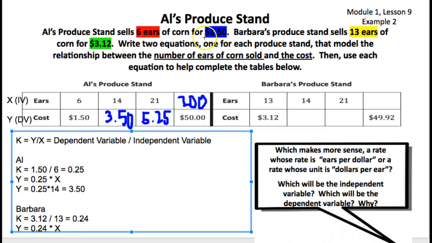And the same thing for Barbara. We can enter in our cost for 14 ears. We have 3.36.